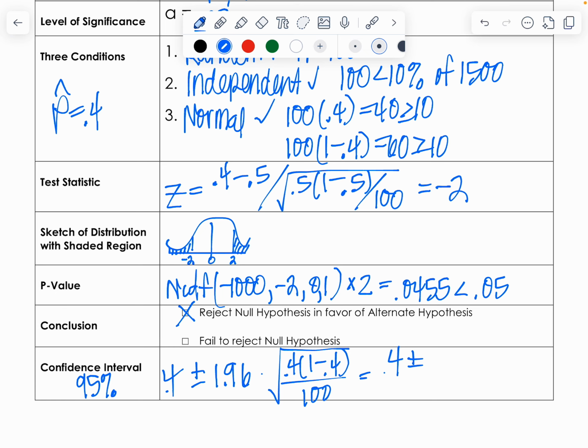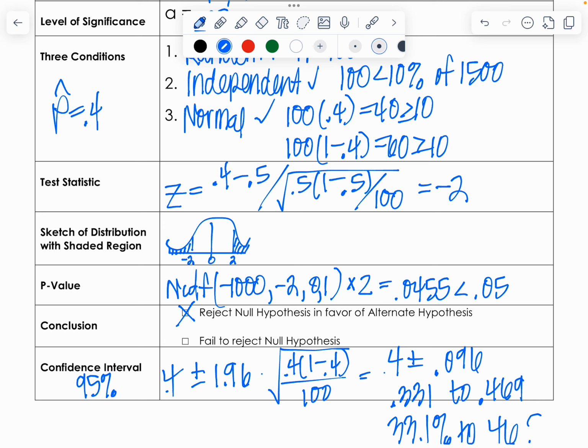I get 0.096. So 0.4 plus or minus that is 0.331, so 33.1%, to 0.469, 46.9%.